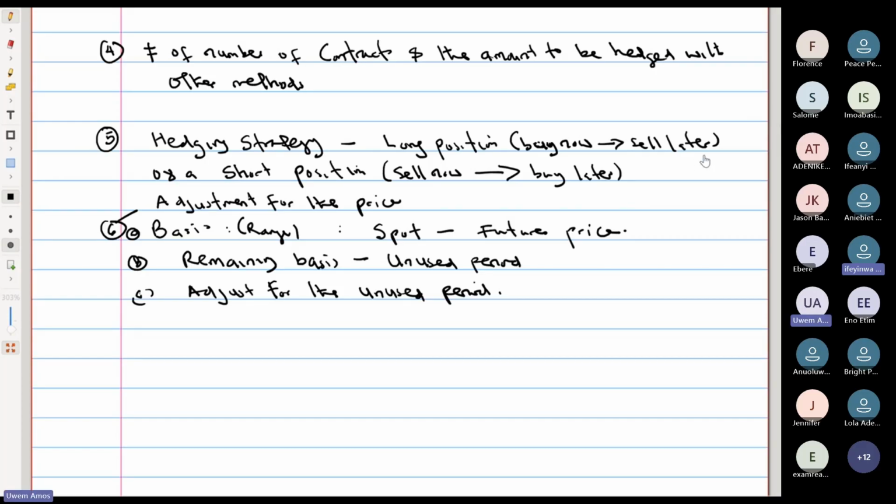There are different methods of computing this, but both would arrive at the same answer. That would basically be your futures price plus the remaining basis. And that adjustment is also referred to as your lock-in rate. It's called your lock-in rate because that is the final price after you've adjusted for the period that you will not hold on to that contract.